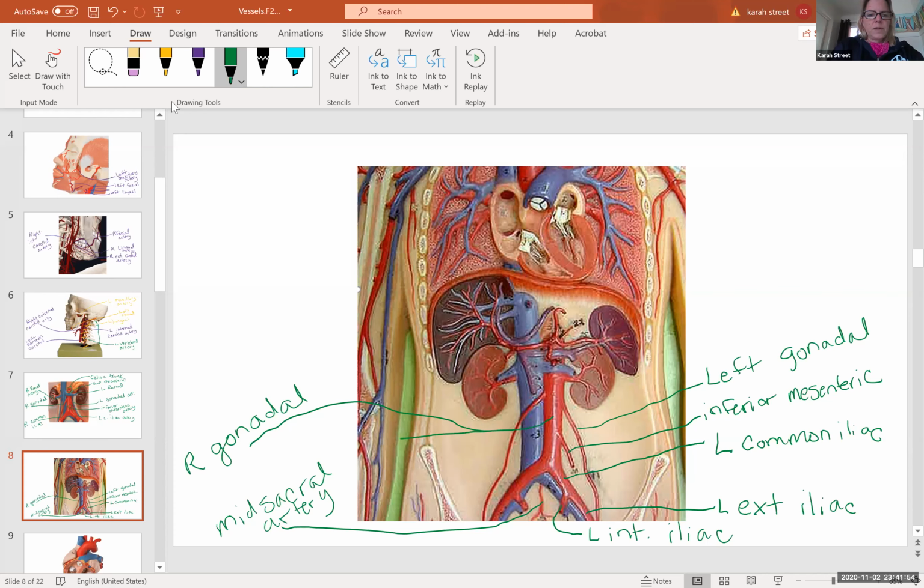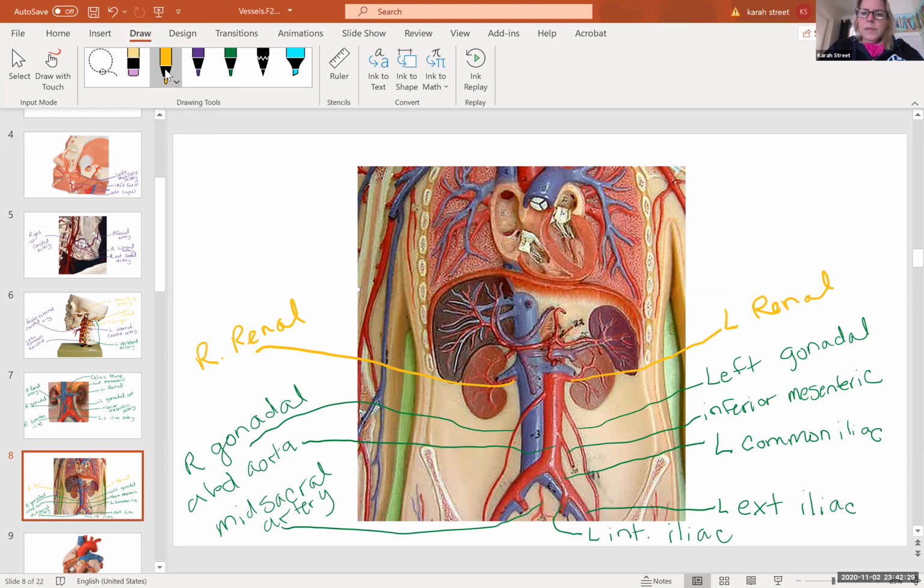This large blood vessel, of course, is the abdominal or descending abdominal aorta. Oh, that crossed my lines. Let's do that separately so we don't get confused. There we go. And then up here, we can see the left renal and right renal.